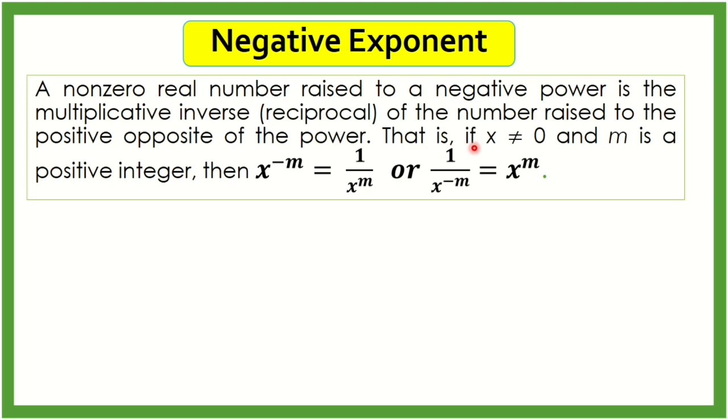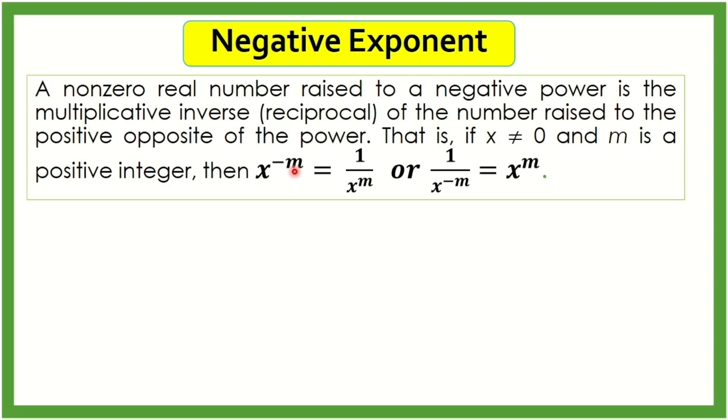That is, if x is not equal to 0 and m is a positive integer, then x raised to negative m equals 1 over x raised to m, or 1 over x raised to negative m equals x raised to m. So, kung mapapansin ninyo, yung x natin dito, yung base natin, ang exponent niya is negative exponent.